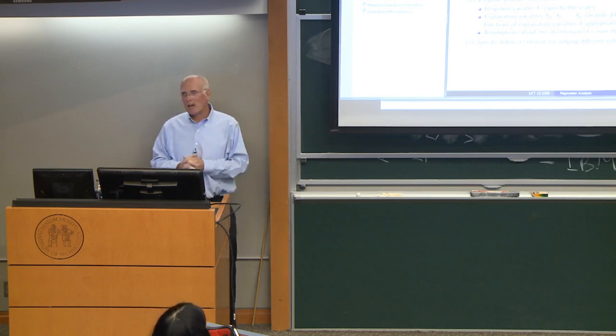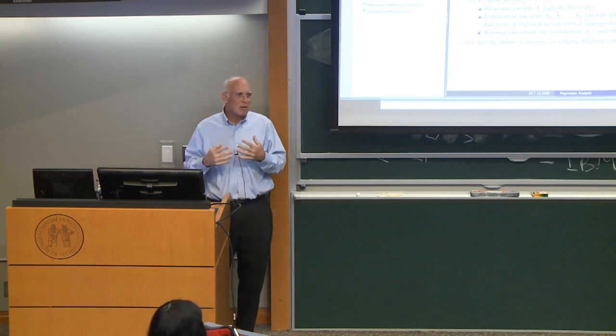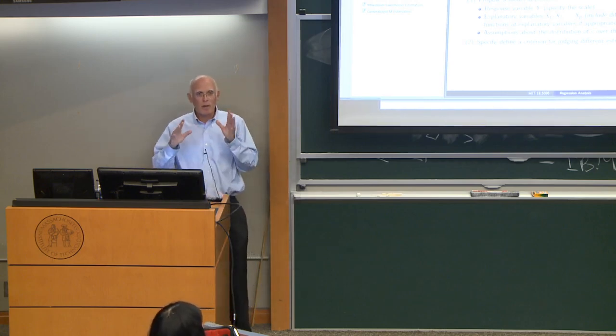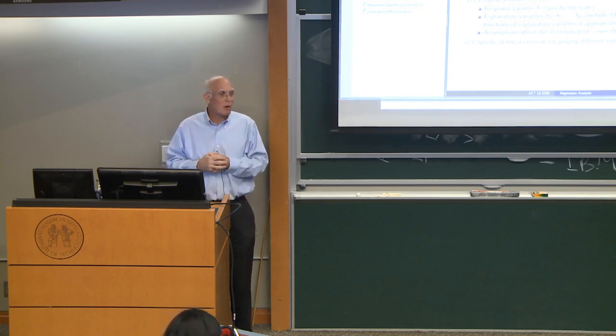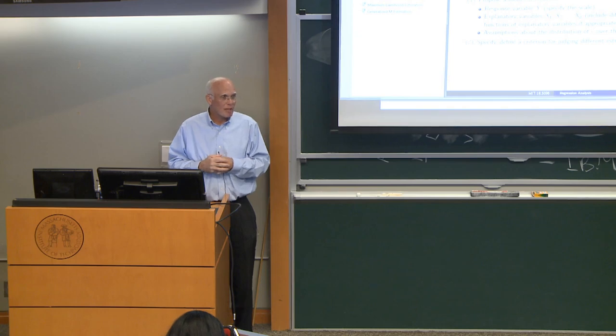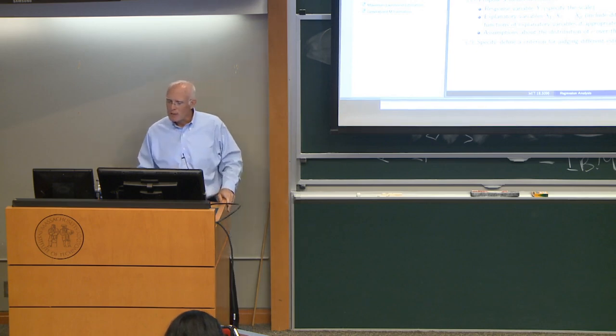Given a particular setup, we want to define a methodology for specifying the regression parameters so that we can then use this regression model for prediction or whatever our purpose is.